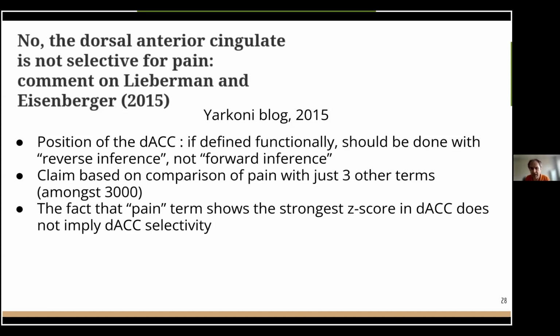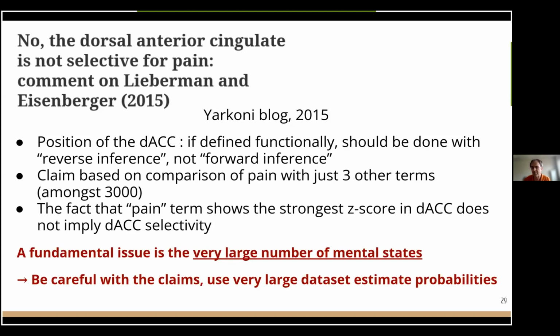And the fact that the pain term shows the stronger z-score in the dorsal anterior cingulate does not imply selectivity of the dorsal anterior cingulate. So those are the caveats for reverse inference that were noted in that debate.